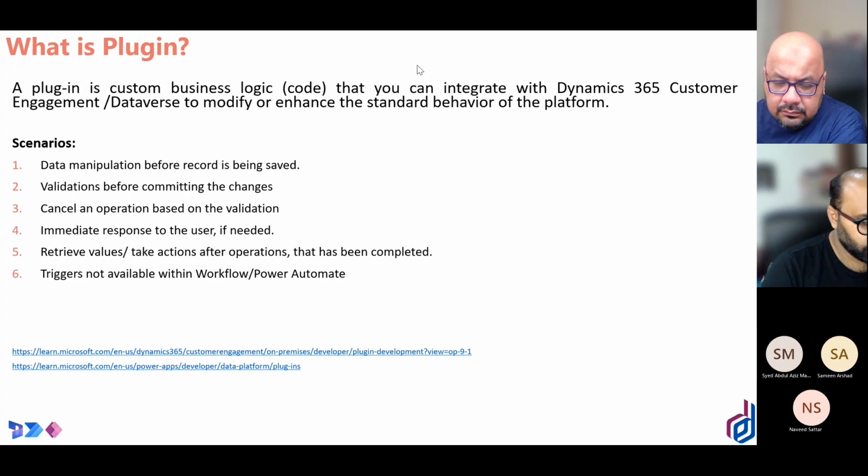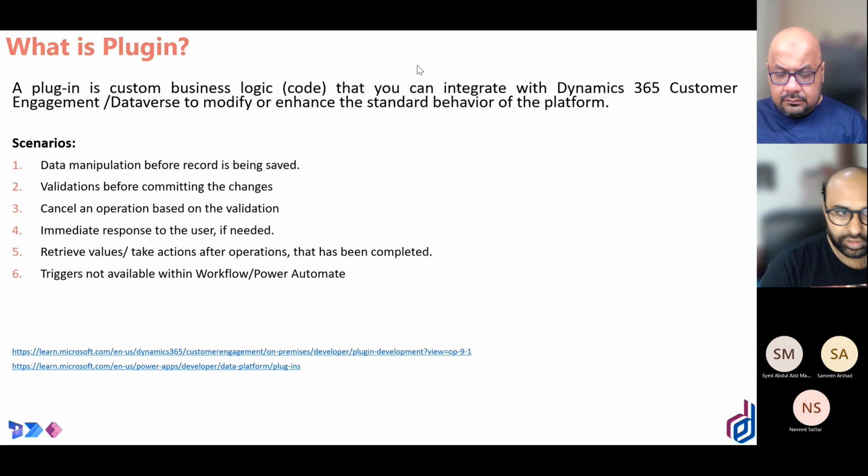As an example, let's say you create a record in Dataverse or a Dynamics 365 customer engagement app, so that create is an operation. We can inject our code into that create. It can execute before create, it can execute after create, and again on update, before update, post update.